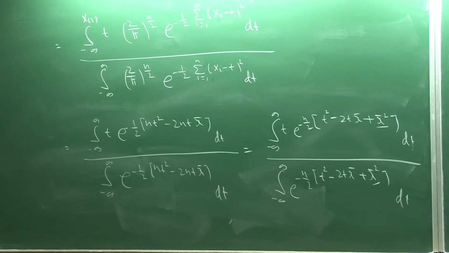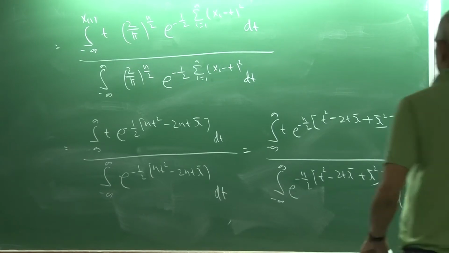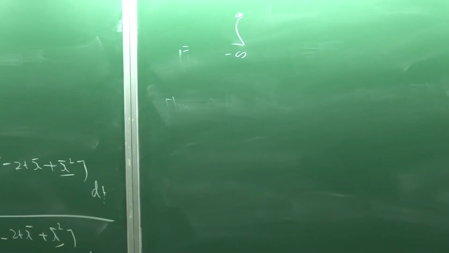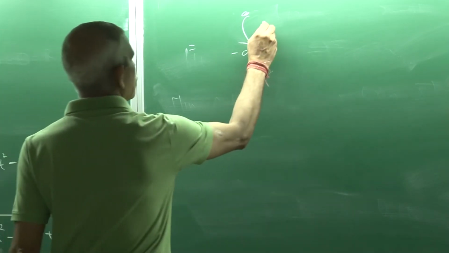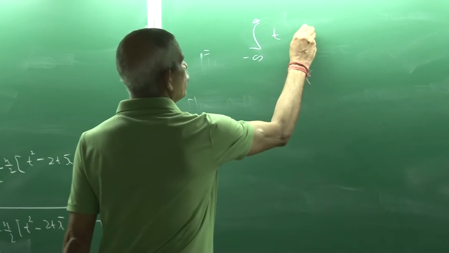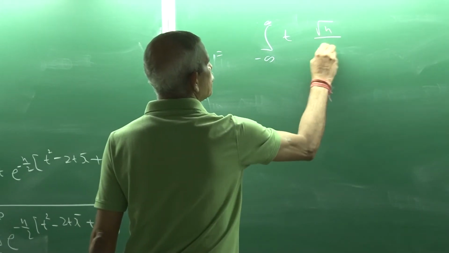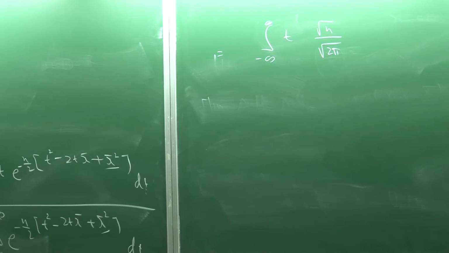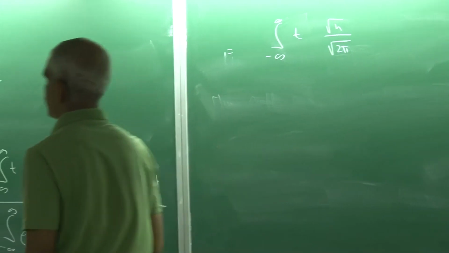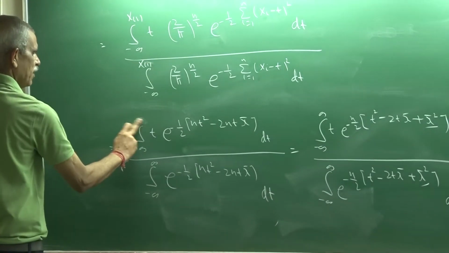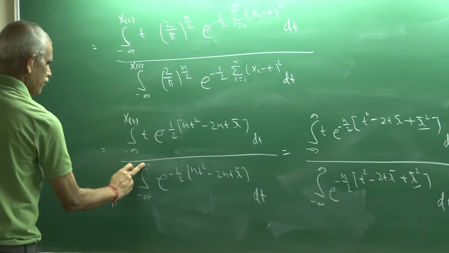So let us try to make it a perfect square. So this becomes the integral from minus infinity to infinity of t times, I can make it root n by root 2 pi also, in numerator and denominator, because root n root 2 pi can go in the numerator as well. Same as everywhere it should be x1, right? Because the density is positive only when t is up to x1.